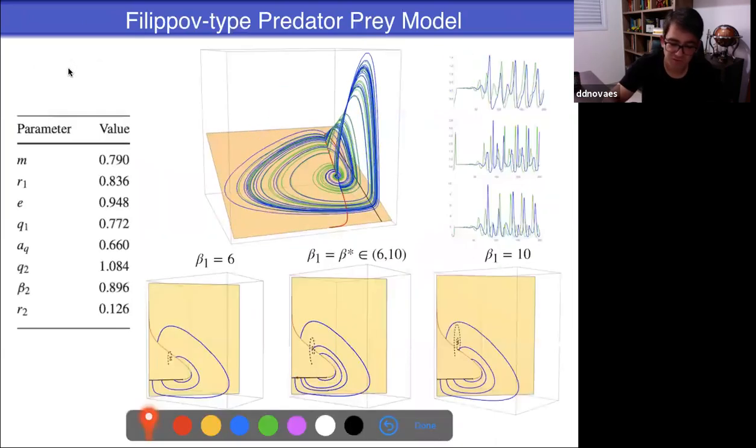So in order to find this example, we fixed some parameters. This is for the numerical example, not what we did to prove analytically the existence of the Shilnikov connection. For the numerical example, to draw the pictures, we fixed all these parameters.